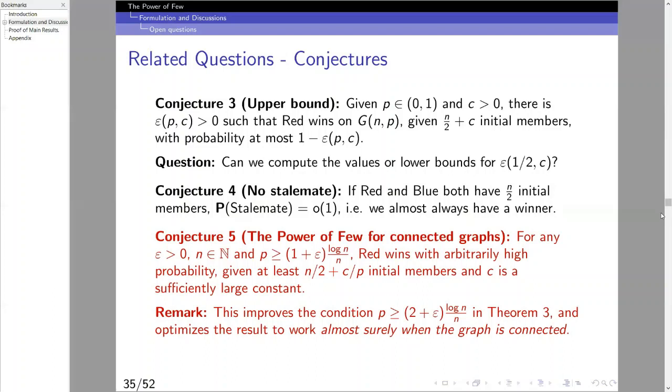We know that when the graph is connected, p has to be larger than log n/n, and below that, when the graph isn't connected, red won't be able to win with high probability. So this, if true, can complete our results to an optimal state.